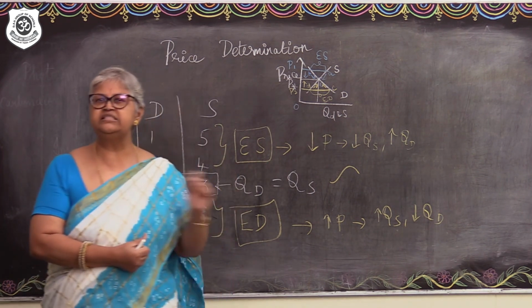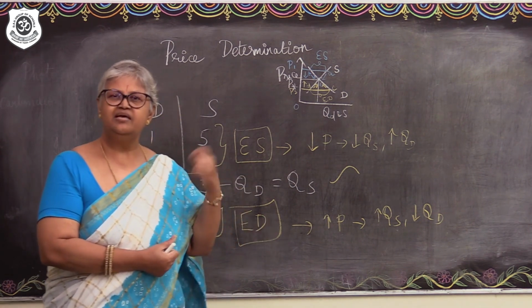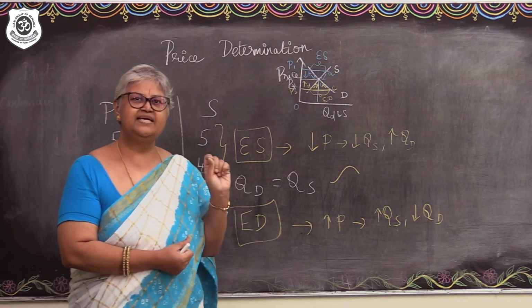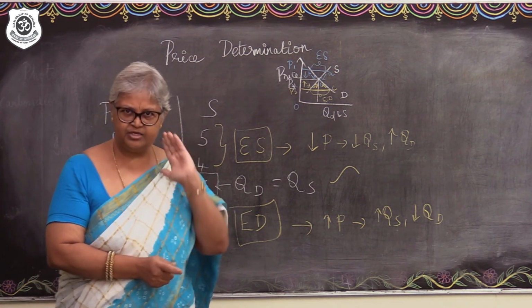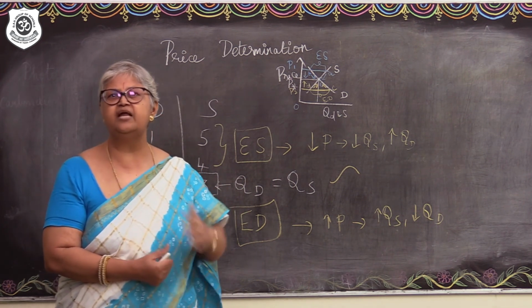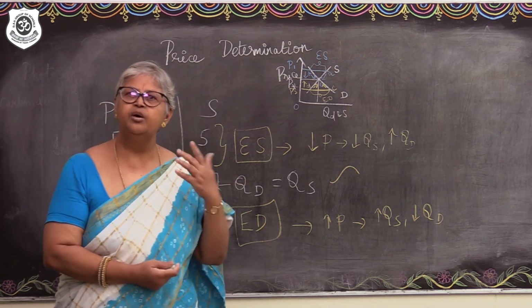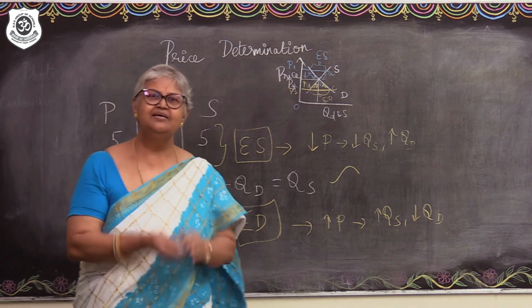So, what causes this increase in the price? And what causes the reduction in the price? Does the equilibrium price change? Yes, it will definitely change. When does it change? How does it change? And what is the effect of that change? Probably we will understand that in the next clipping. Right? Namaste.